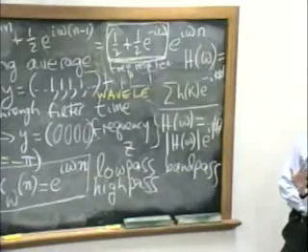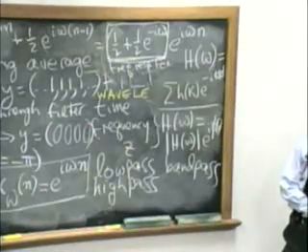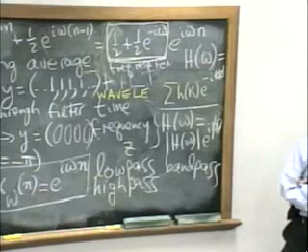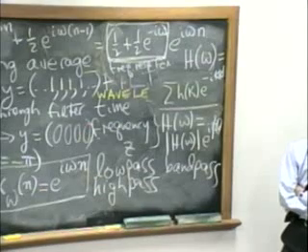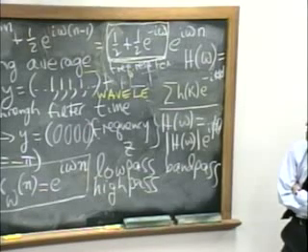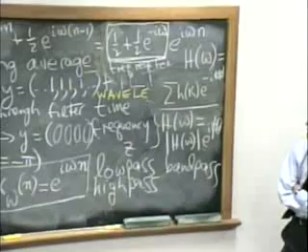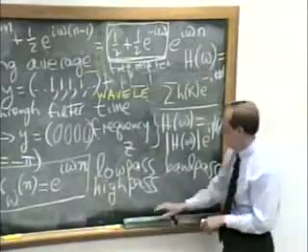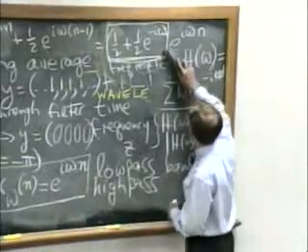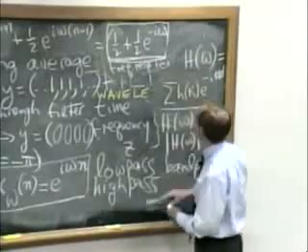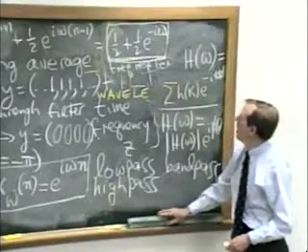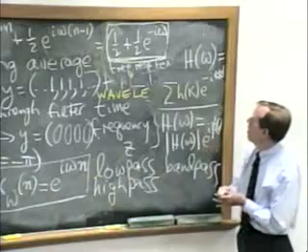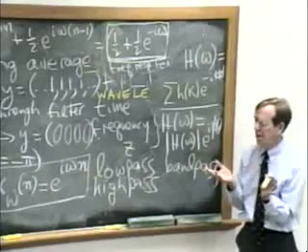You said it as soon as I wrote that up there. What's the magnitude of that? Is it the cosine of something? How do I see that that's the cosine of omega over 2? Oh yeah, I multiply it by e to the i omega over 2, and that doesn't change the magnitude.